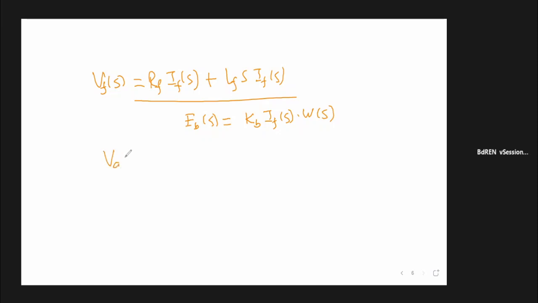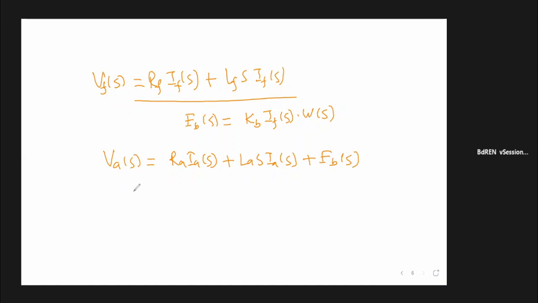Now our armature circuit: V(s) is equal to RA IA(s) plus LA s IA(s) plus EB(s). That EB(s) you already know.